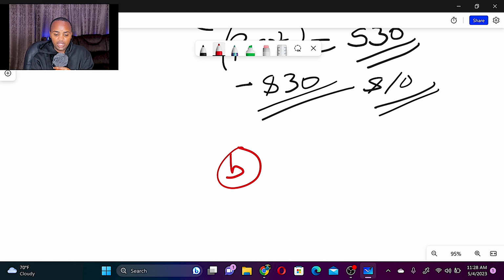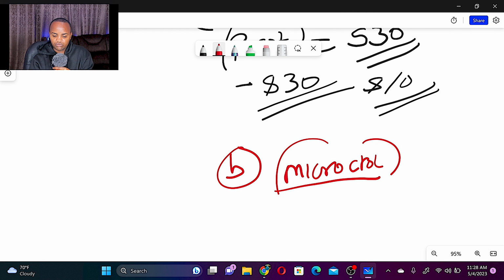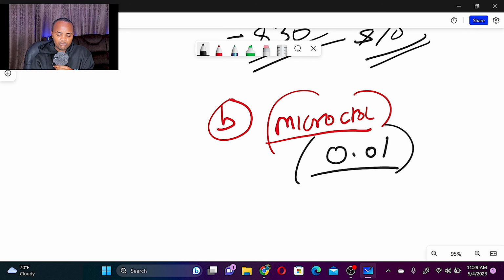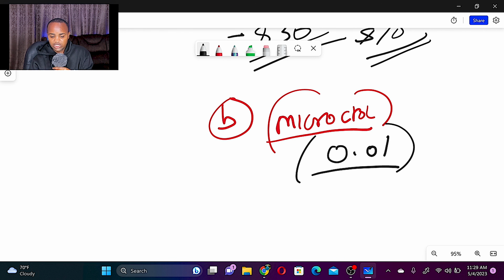Number two is to use the micro lot. You have to know how to use lot sizes, and the one you're going to use is the smallest one, which is 0.01. There are some platforms that offer nano, but I cannot advise that because it's just too small.